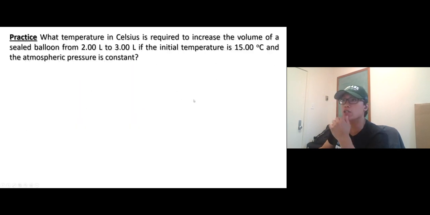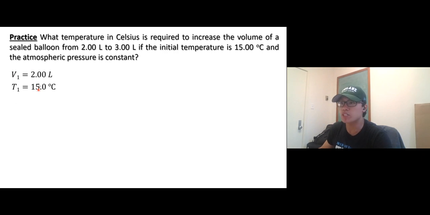All right. Let's check it out right here. What temperature in Celsius? So watch out. In the equation, you have to use Kelvin, but the question asks for Celsius. You have to convert between Celsius and Kelvin. What temperature in Celsius is required to increase the volume of a sealed balloon from 2 liter to 3 liter? Initial temperature is 15 degrees Celsius.